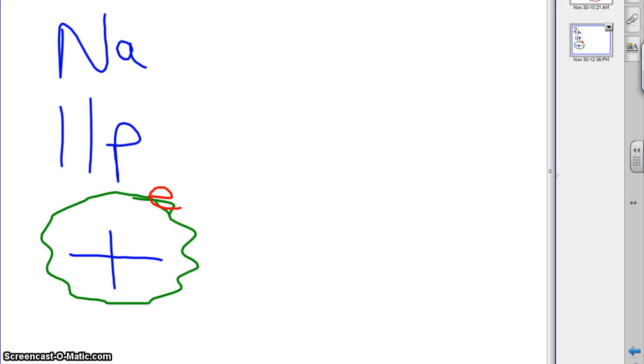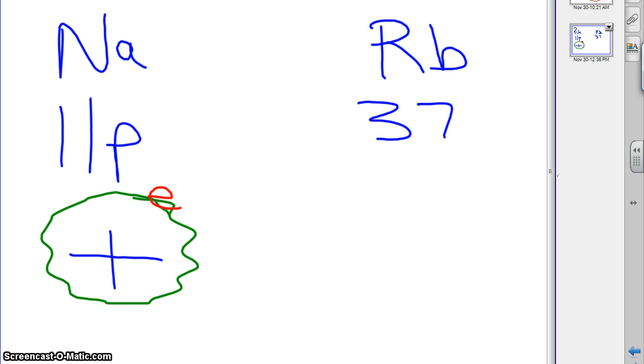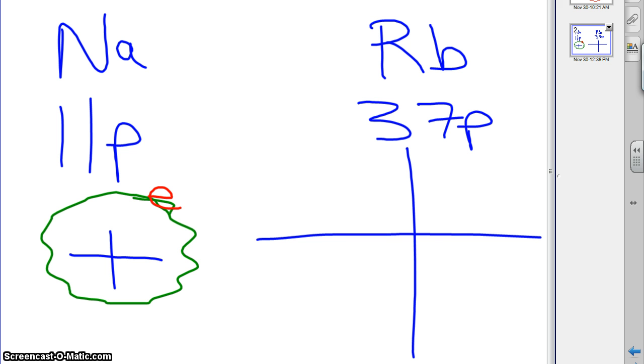And then for rubidium, how many electrons total does rubidium have? Not valence electrons, but total. 37. 37 protons, therefore 37 electrons. So if I were going to model the plus after how many protons it has, what should I make this plus? Bigger. There's 37 of them. And what about the size of the electron cloud?